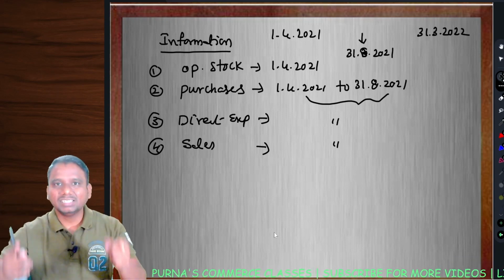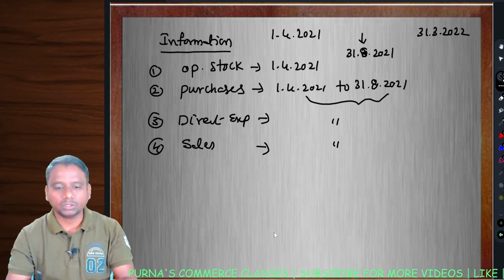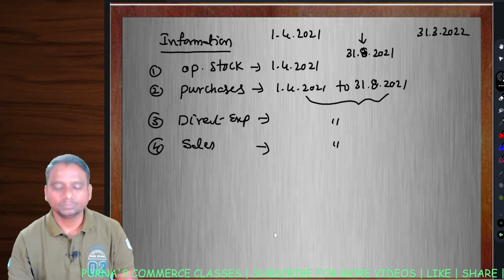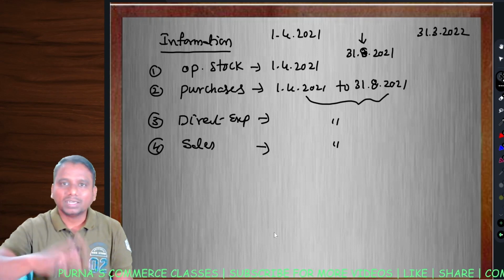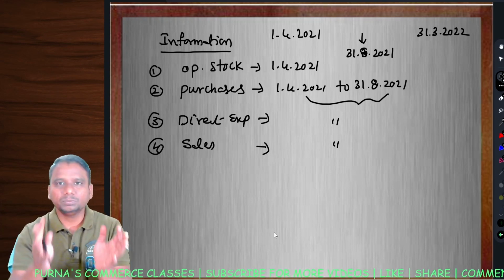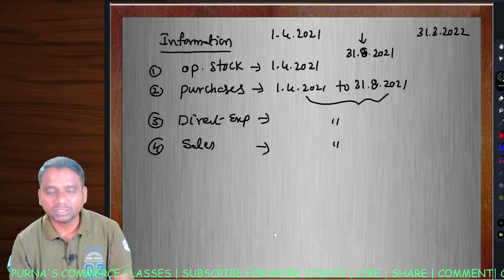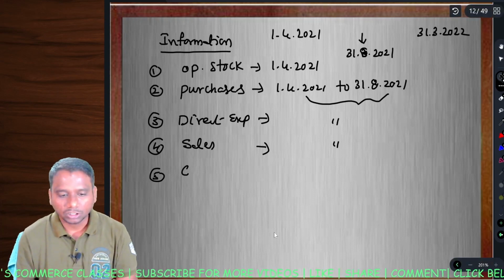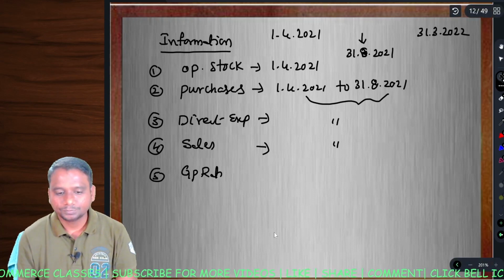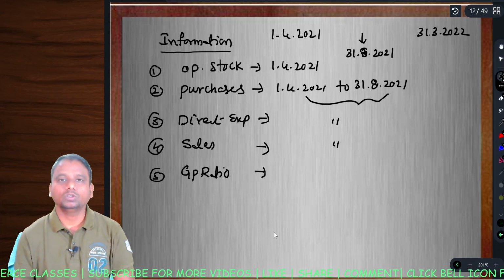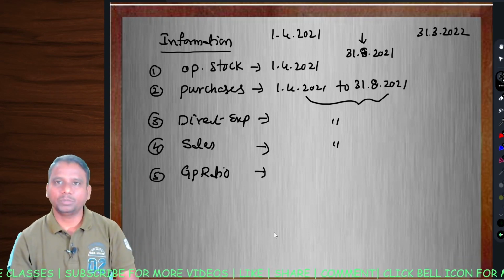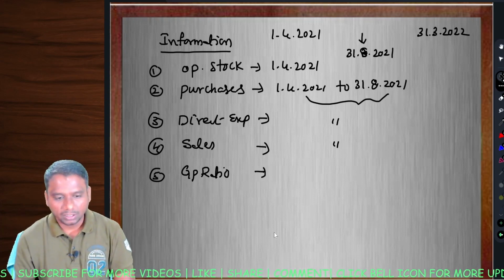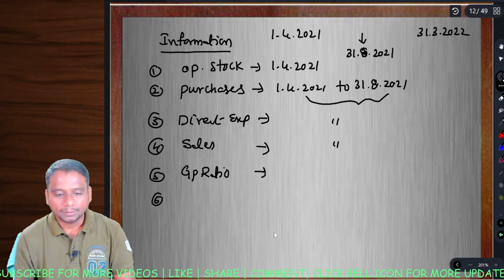Whatever sales you made during this period of 5 months, April, May, June, July, August, you need that information also. And what is the other information you need? Gross profit ratio of the previous year.